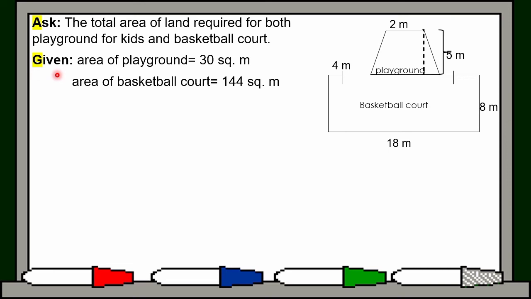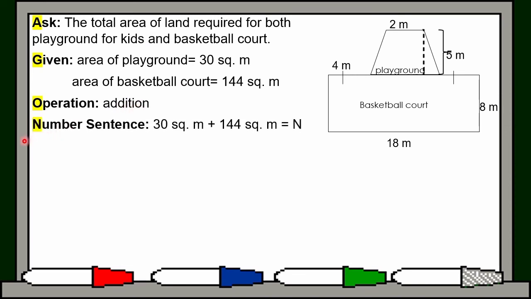Letter G, given, the area of our playground is equals to 30 square meters and the area of our basketball court is 144 square meters. For letter O, operation, so to get the answer, we will use addition. And for letter N, number sentence, we have 30 square meters plus 144 square meters equals N.